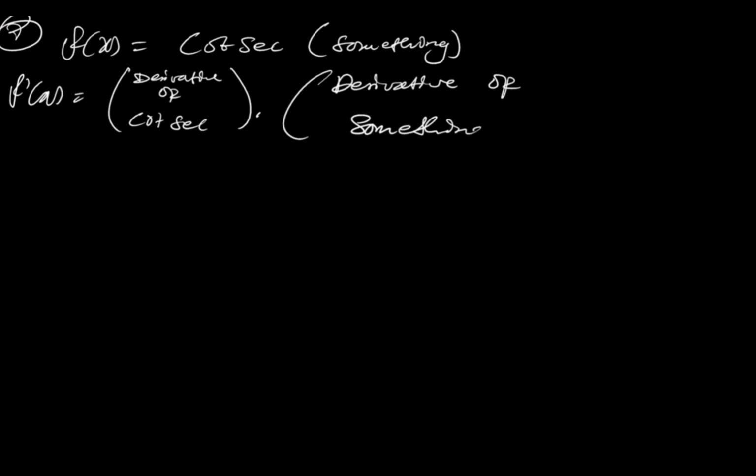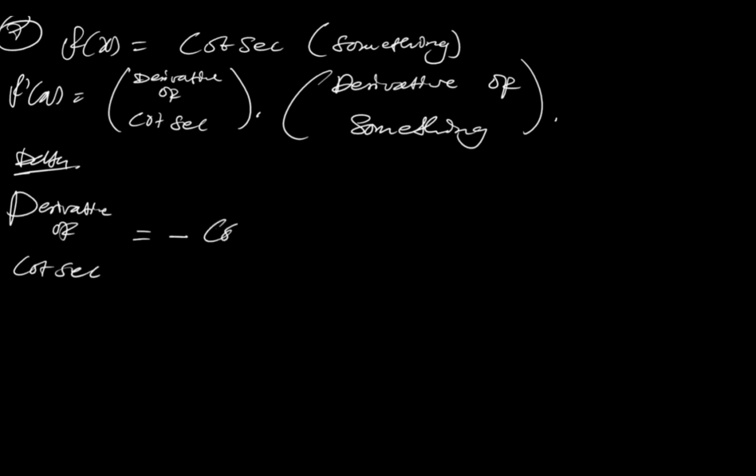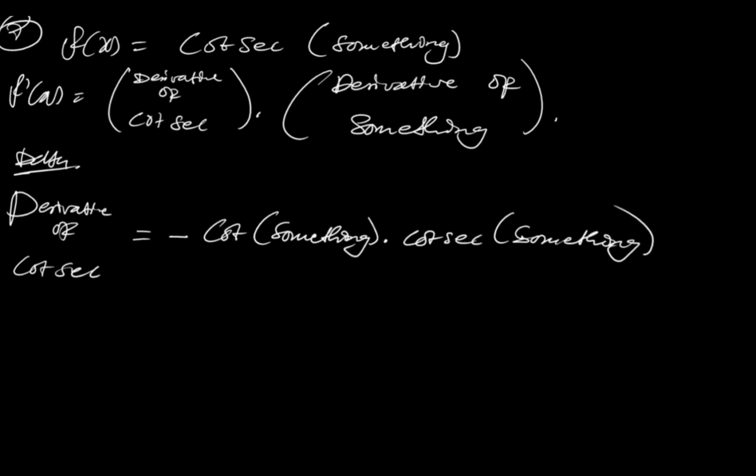Because if we say times something, that something will be cancelled out. Now, you need to know this. The derivative of cosec is equal to negative cot something times cosec something.